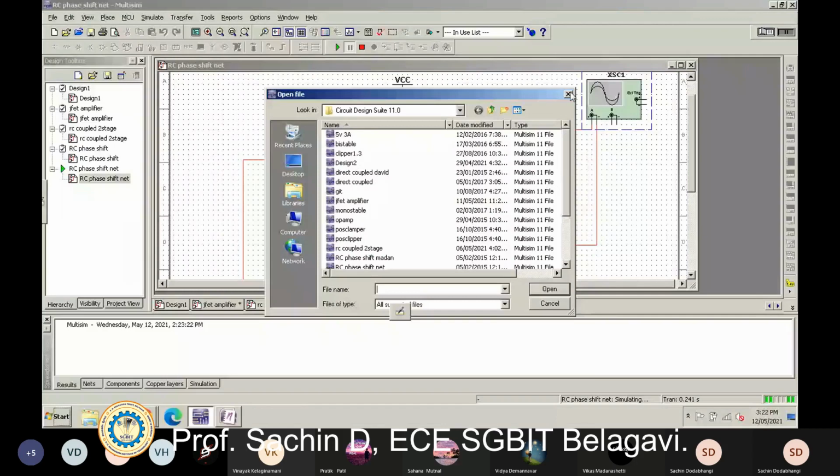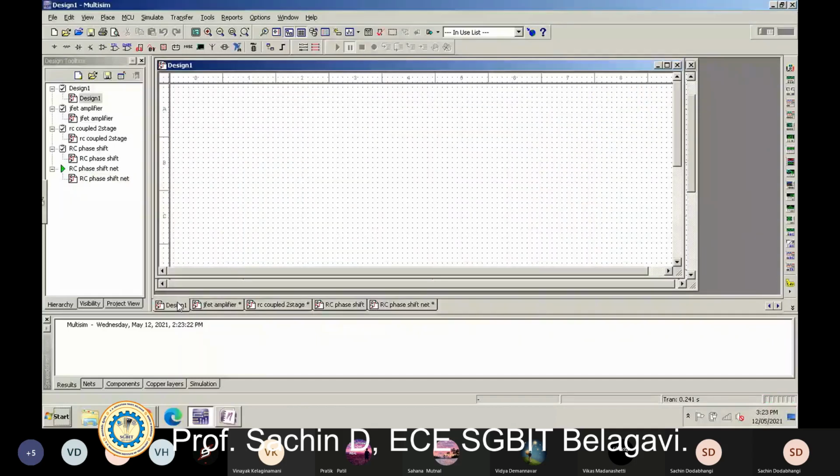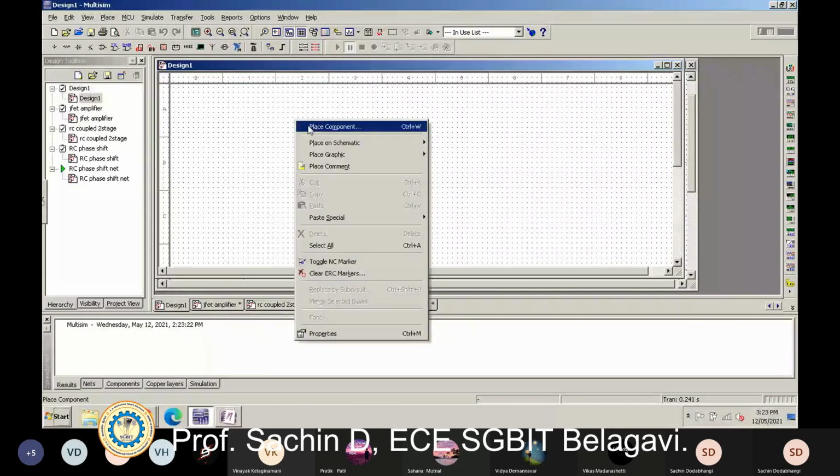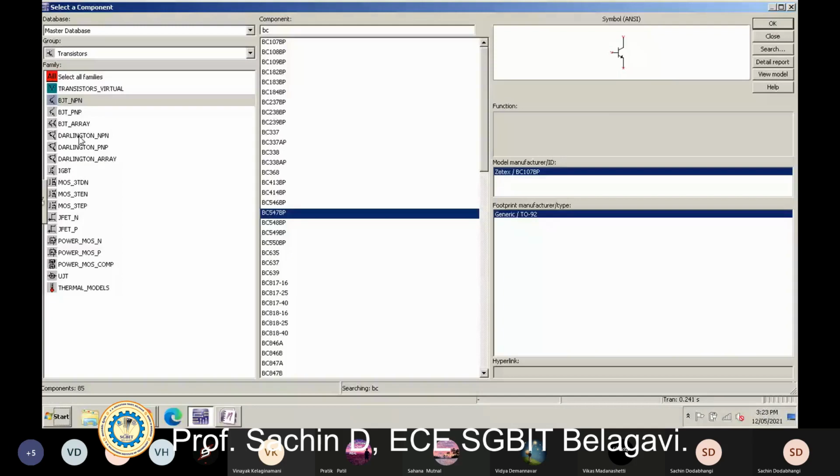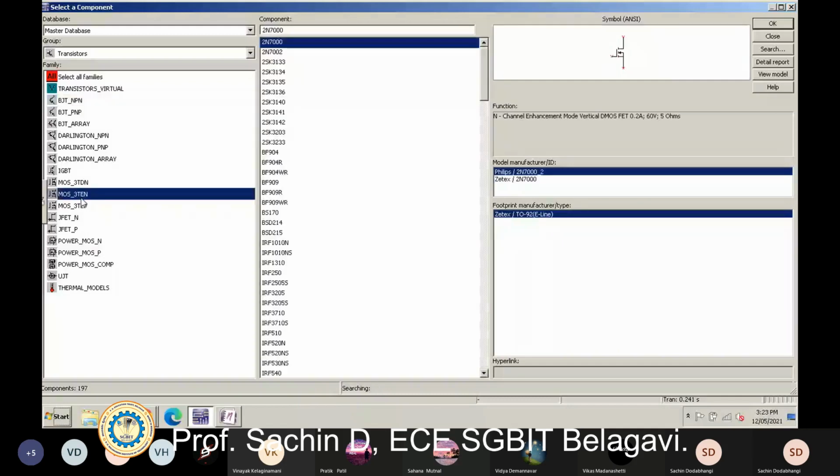Any other circuits that you need to study, so that we can mount it here and check it, or whatever, let me go for one circuit. Here everything is here. You can see MOS_3TEN. It represents the MOSFET. 3T represents 3-terminal.